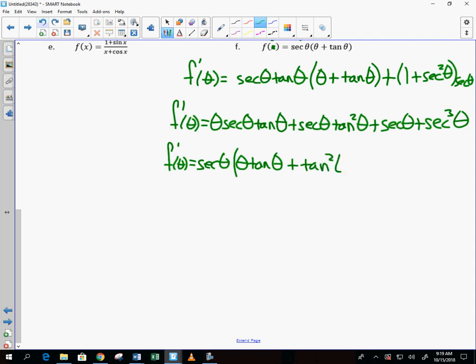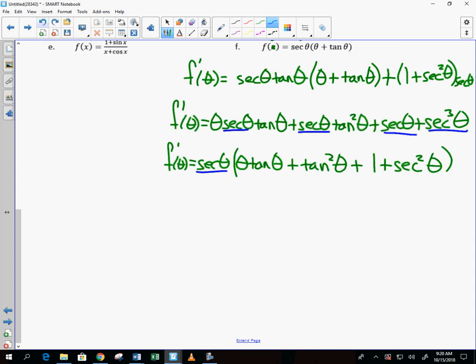Tangent squared of theta plus 1, plus secant squared. I factored out a secant. So I took a secant from here, here, here, and here. And I put it out front here.